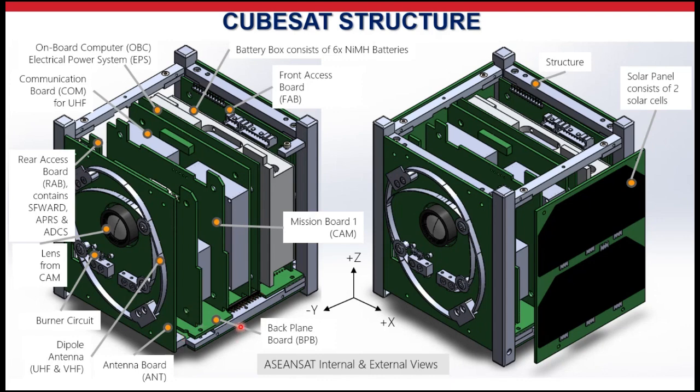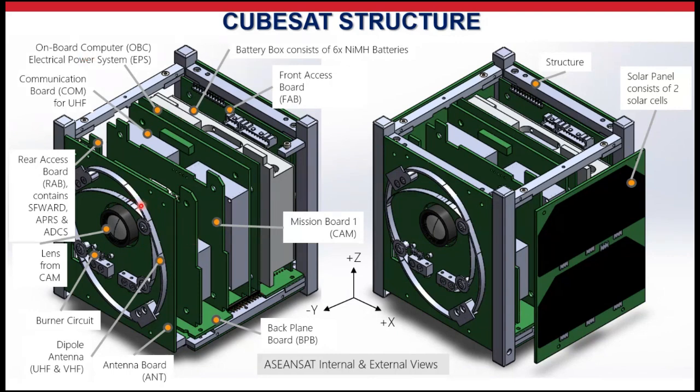You can see the camera part and the lens that protrudes from this board, supported by the power subsystem, the electrical power system, EPS, as well as the OBC, which works like the motherboard of the CubeSat.